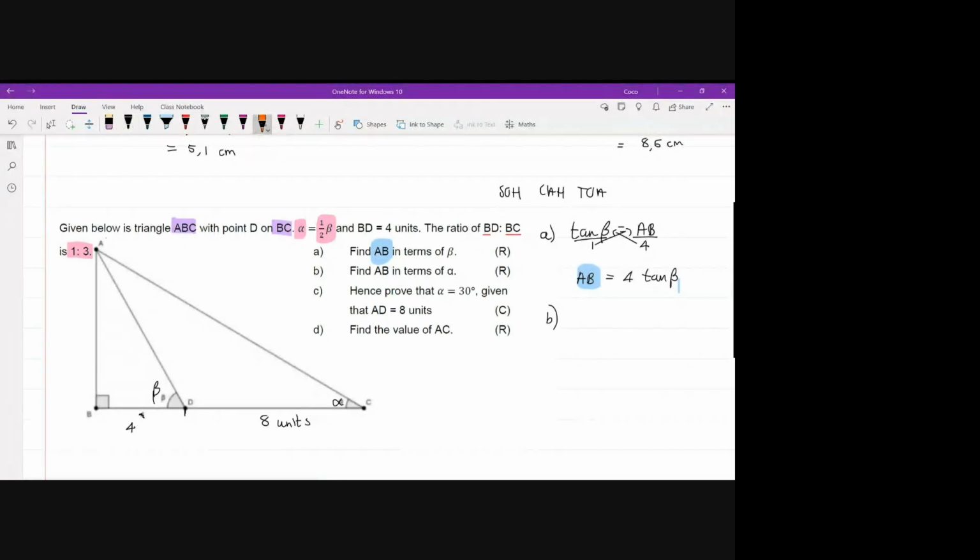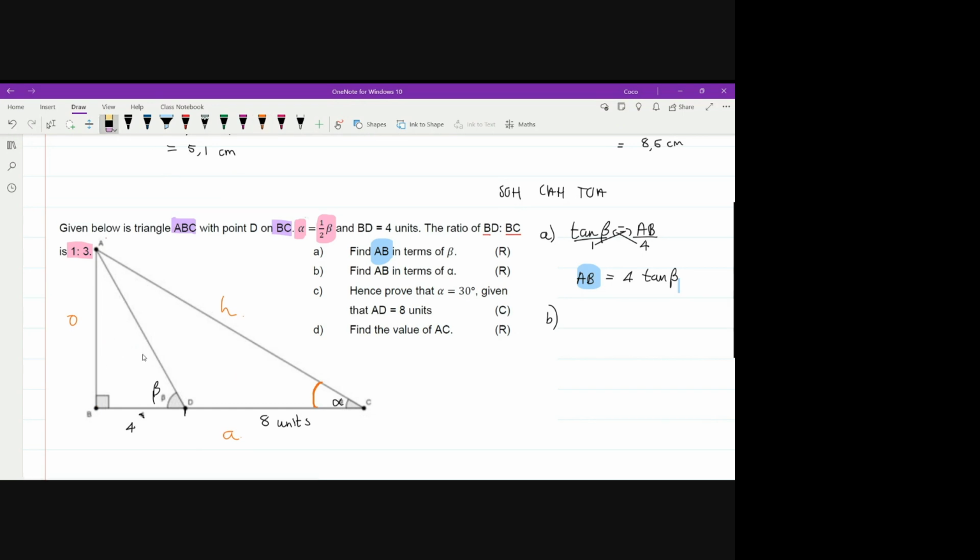Now in this case, we want AB in terms of alpha and not in terms of beta. So we're going to use that angle there, and we're going to label in terms of that angle over there. So there is AB. That is my opposite side. BC, the whole of BC, is my adjacent, and AC is my hypotenuse.